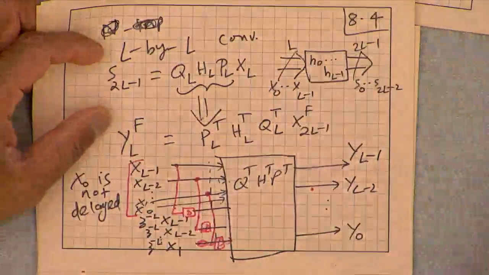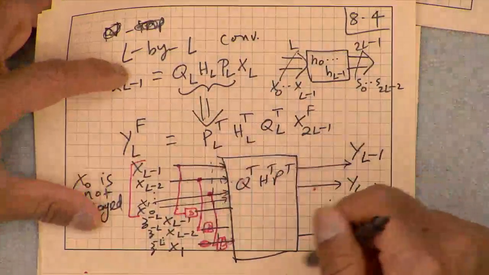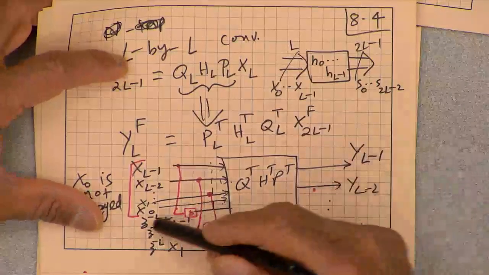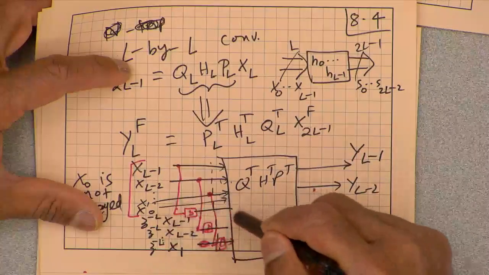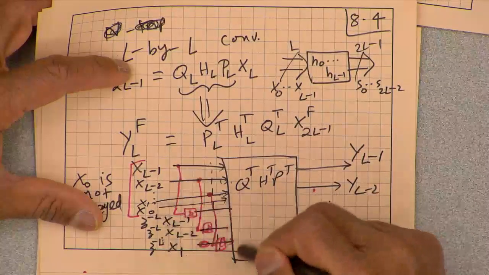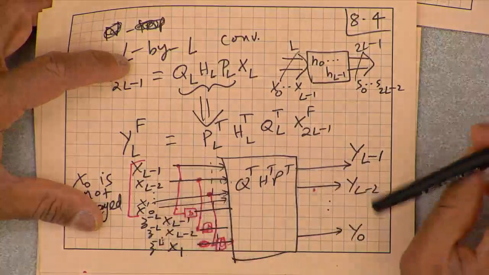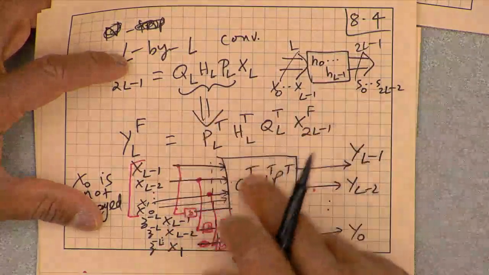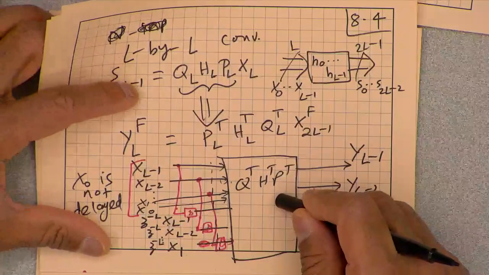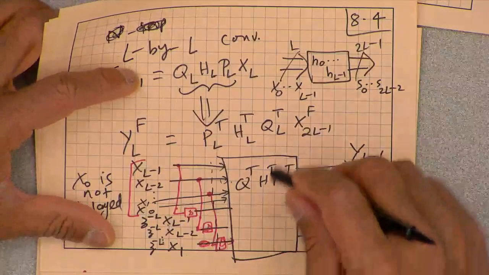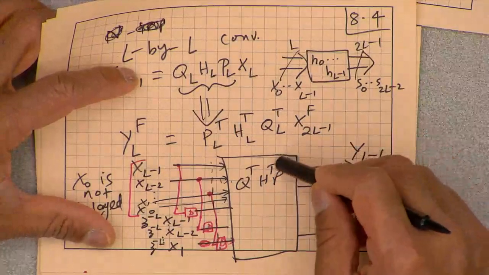Now, in the convolution transposed parallel filter, all the L minus 1 delays are placed at the input as shown here. There is no delay element inside. This is just simply a fast convolution algorithm, exactly what we have been talking about.